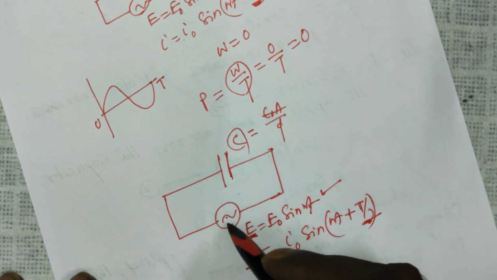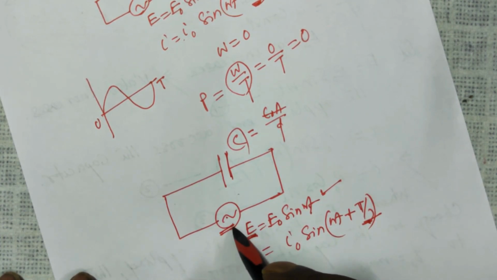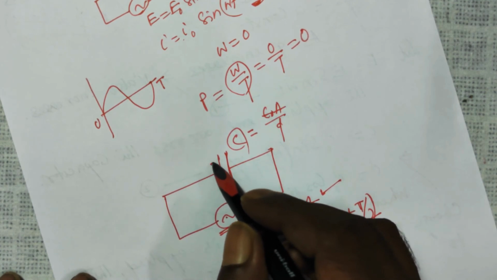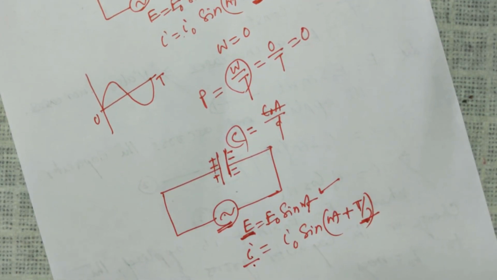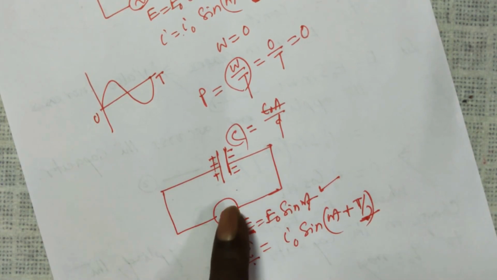As this capacitor is connected across a source of EMF, the charge on the plates starts building up. Initially it was 0 when this was not connected.